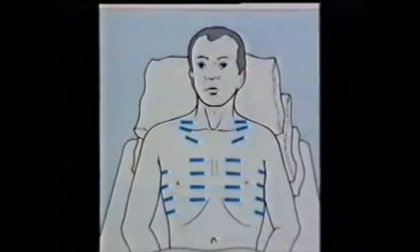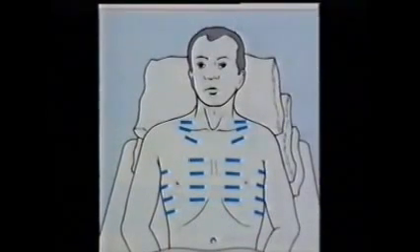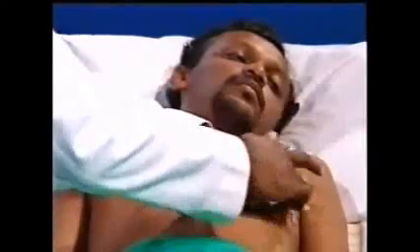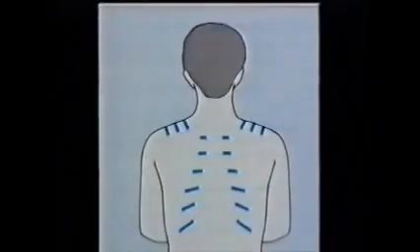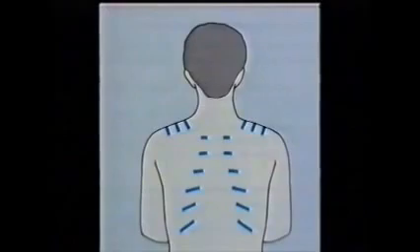Here you can percuss the clavicles and then go down the chest wall with your fingers. Don't forget to percuss the axillae and the lateral part of the chest and also the back.